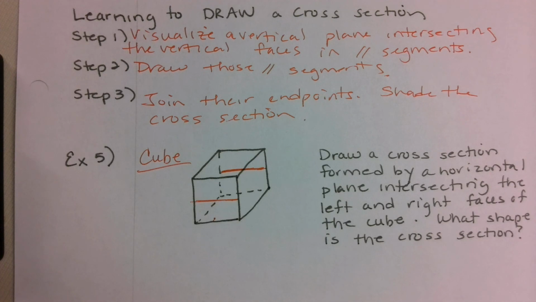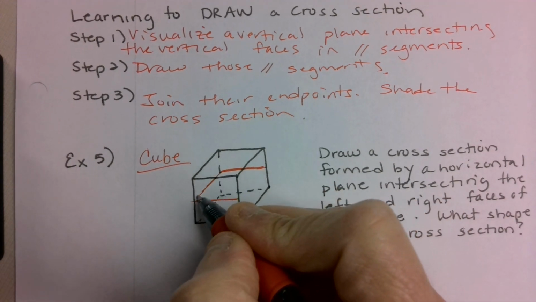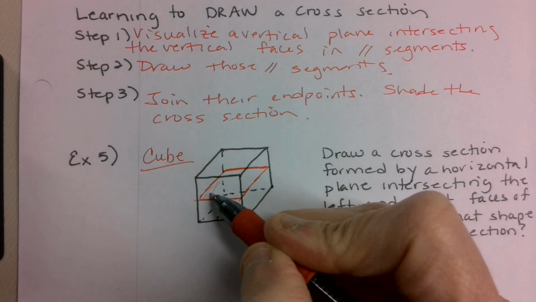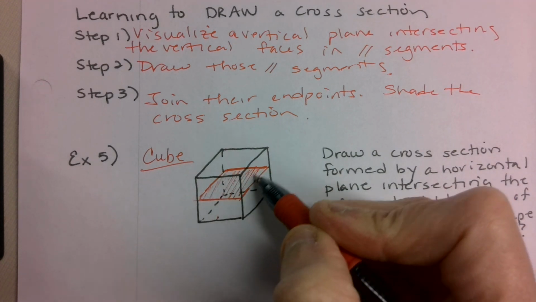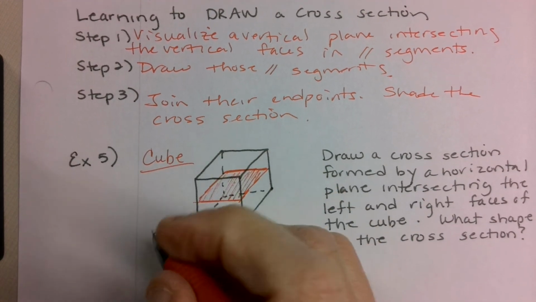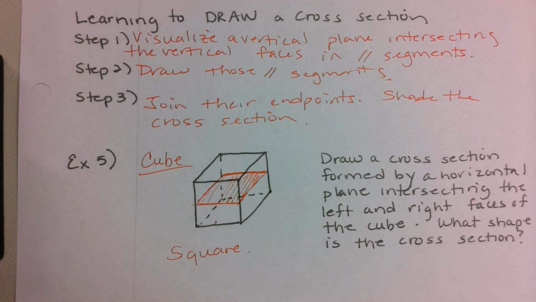Now when you do that, you've drawn the parallel ones, so now you want to connect these endpoints and shade real lightly in there. What kind of figure is that? If it was a cube, it looks like a rectangle actually because my picture's off, but if it was a cube, you know that your picture would then be a square, correct?